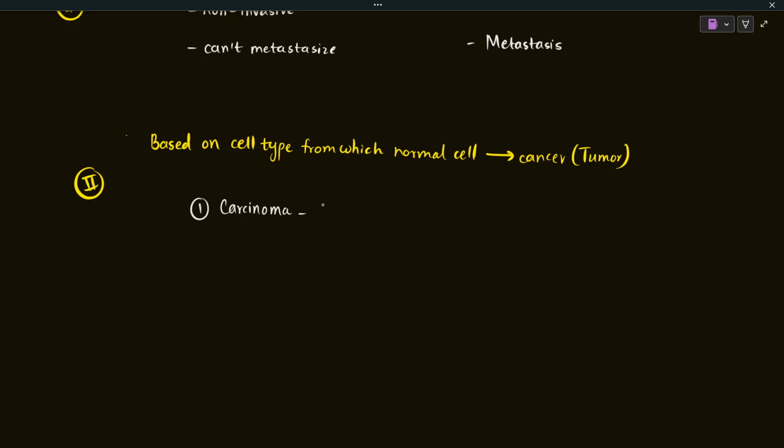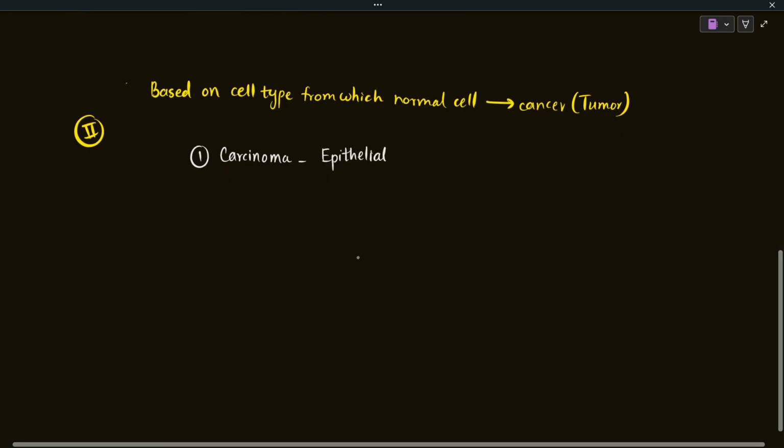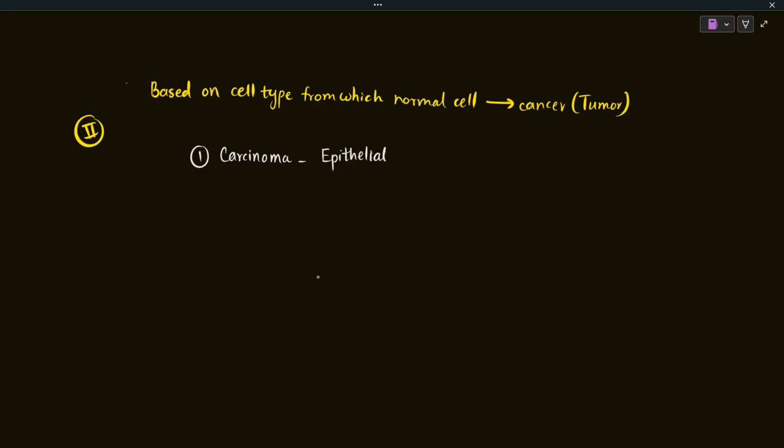Carcinoma is the cancer of epithelial cells. Again, there is categorization based on which type of epithelial cells are undergoing the transformation from the normal cell to tumor cell. If the cells that produce fluid or mucus are converting to the tumor cell, we call them adenocarcinomas.